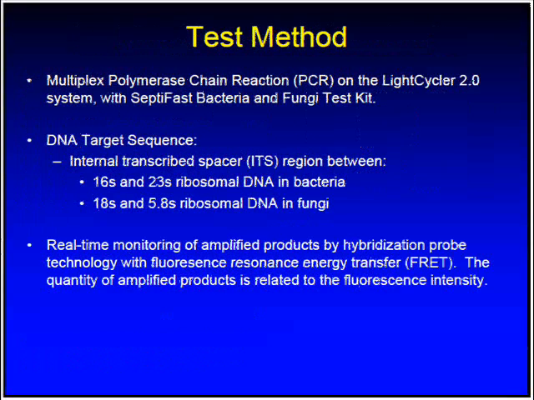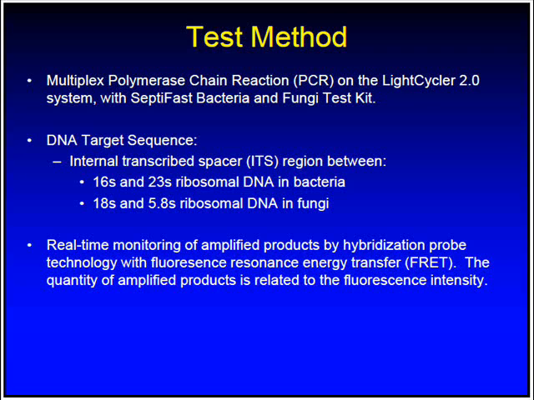The SeptiFast assay is based on multiplex real-time PCR. The target sequence for nucleic acid amplification and detection is the internal transcribed spacer region between the 16S and 23S ribosomal DNA in bacteria and the 18S and 5.8S ribosomal DNA in fungi.